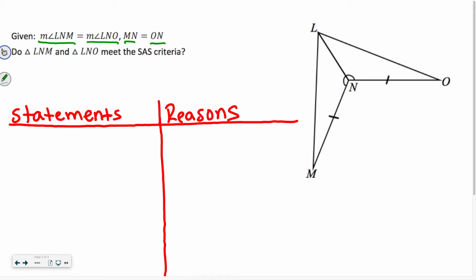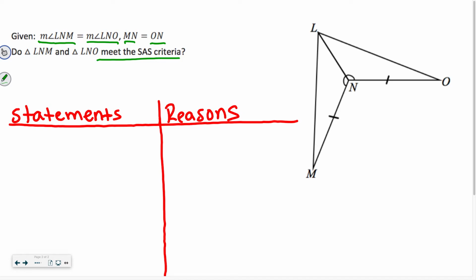Okay? So the question says, do the two triangles meet the side angle side criteria? Every time you see this, what that means is that we need to prove that the two triangles are congruent by side angle side.